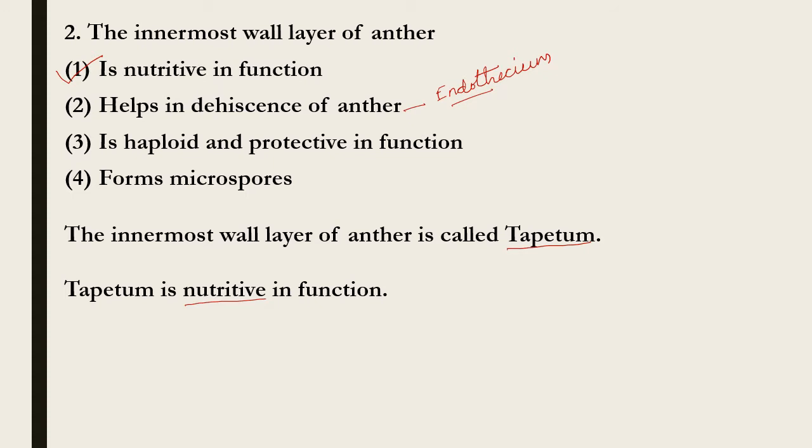Microspores, nothing but pollen grains, are produced by the sporogenous tissue or microspore mother cells, MMC. So the second question's correct answer is that the innermost wall layer of anther is nutritive in function. Option 1 is correct.